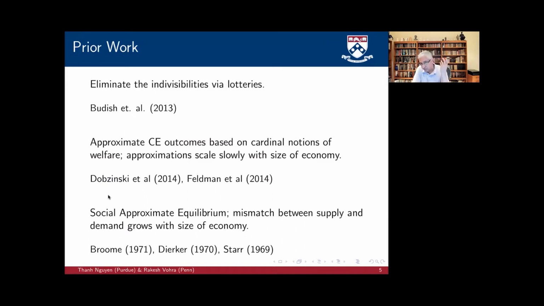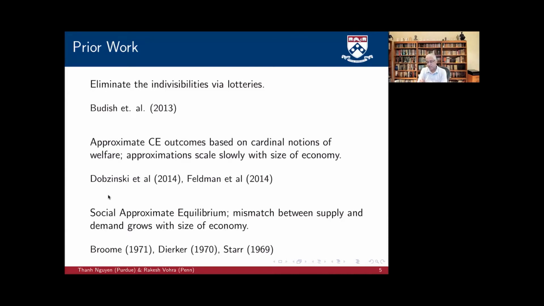The last approach is the approach that we follow, which I said comes from Arrow, which is to look at approximate equilibria, find prices where you get approximate market clearing. And there were 3 early papers in the 70s which attempted to do that.